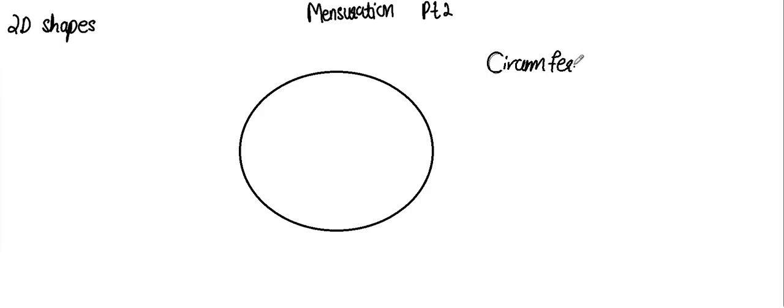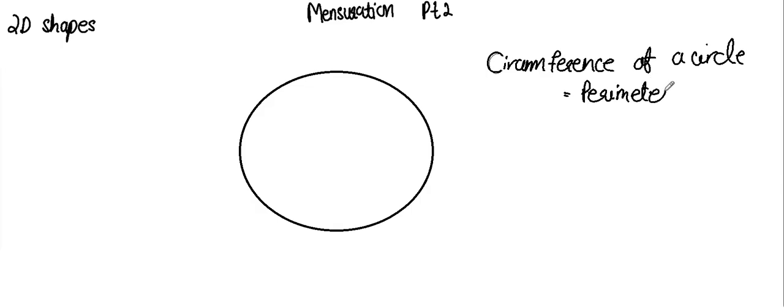So you can say that the circumference of a circle has the same idea as the perimeter of any type of shape.